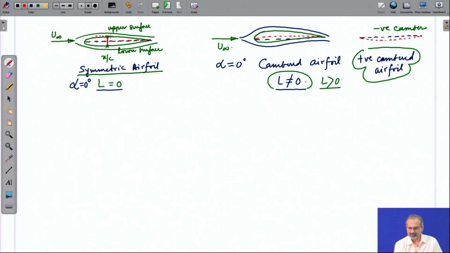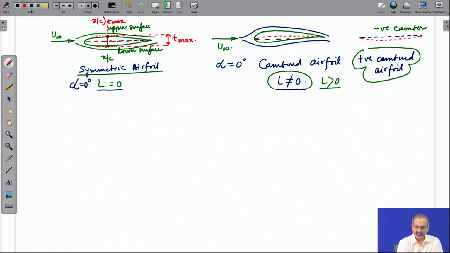Wherever the highest ordinate values are obtained for the upper and lower surfaces in terms of magnitude, that is where the maximum thickness would be obtained. You can say that that is T max, the maximum thickness. There is also a location corresponding to that, x by c at T max. That is the x by c value where the maximum thickness actually occurs.